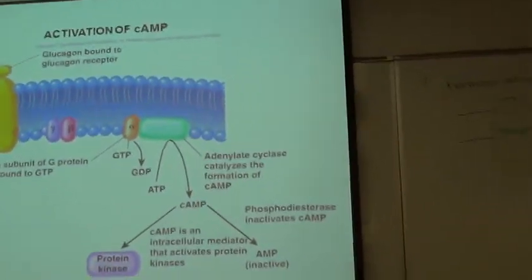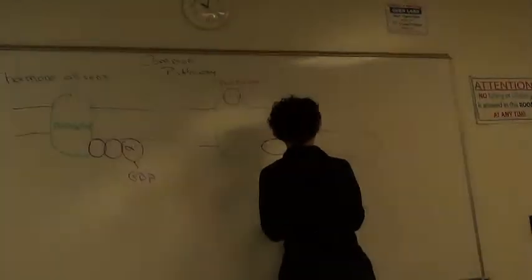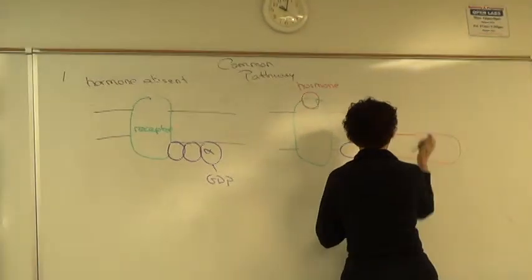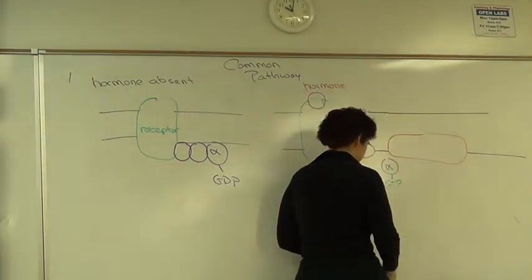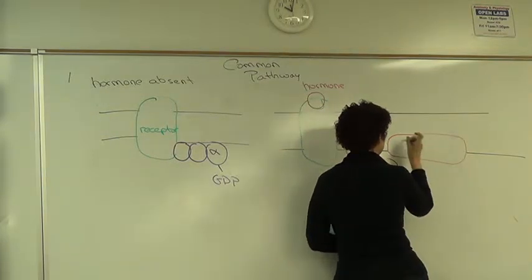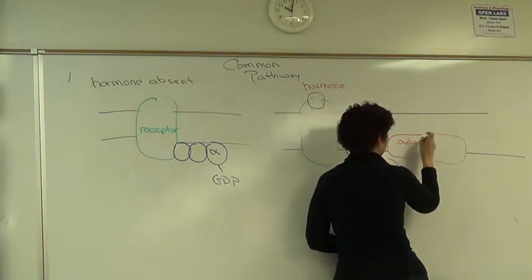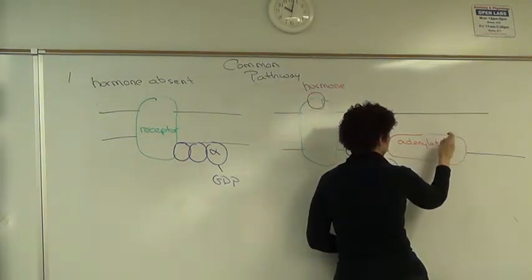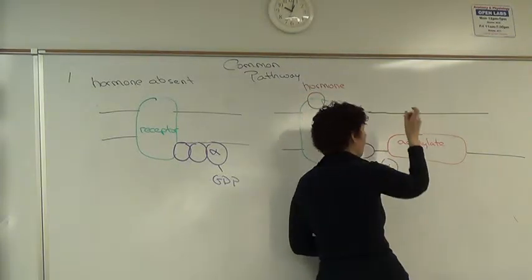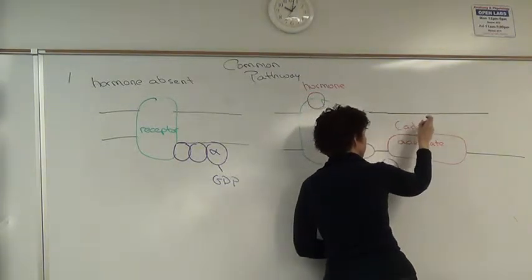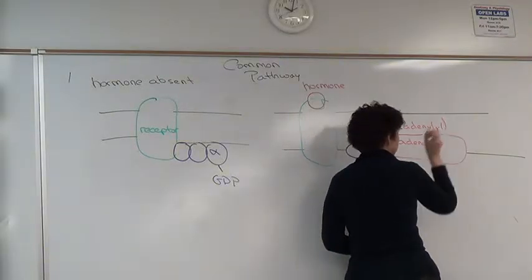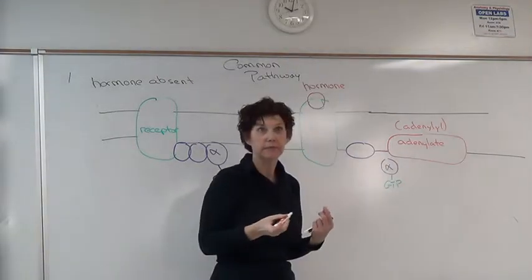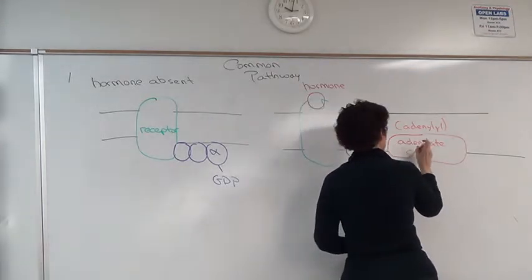This one is stuck in the plasma membrane. And this is an enzyme known as adenylate, sometimes it's called adenylyl. Okay. Adenylate cyclase.